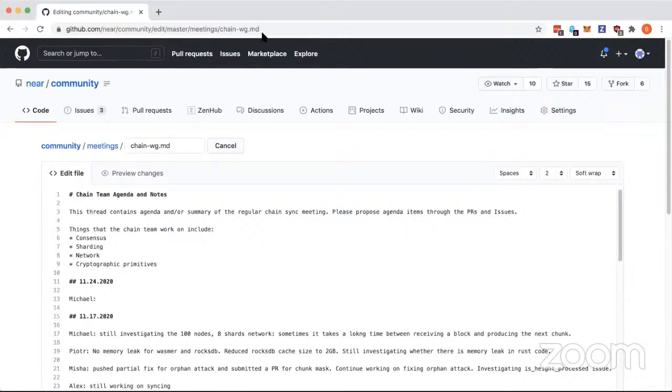All right, thanks, Bob. So I've still been working on the 8-shard network. I still don't have it stable, especially under transaction load. The investigation I'm starting to look at now is around routed messages.